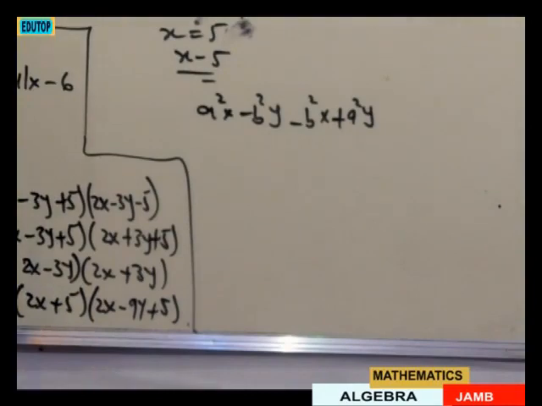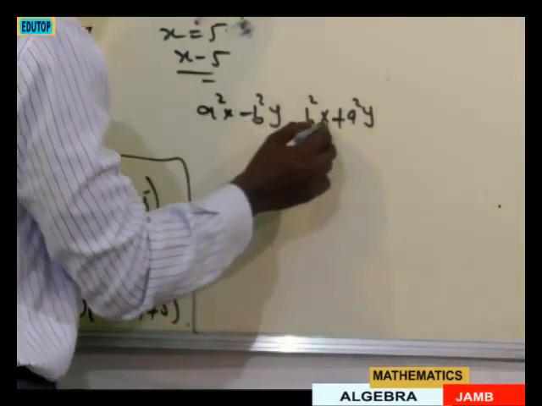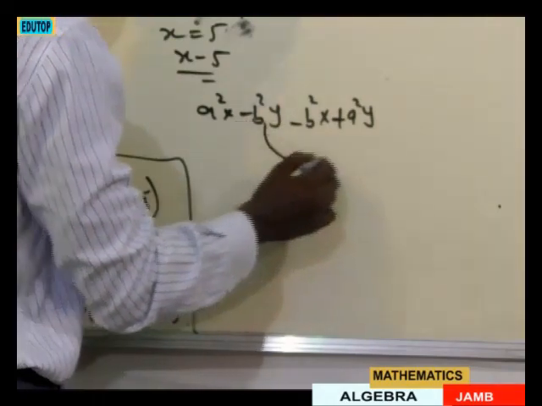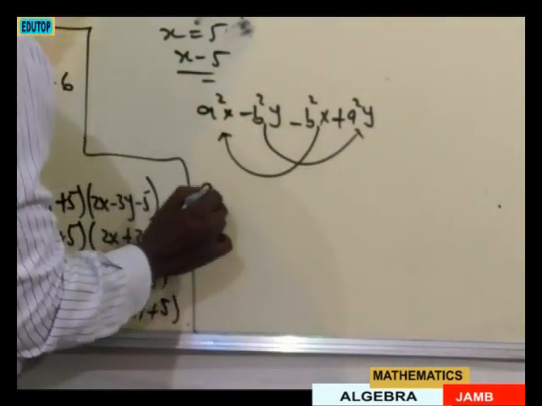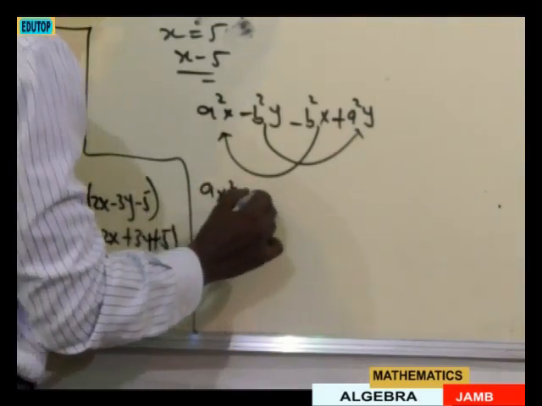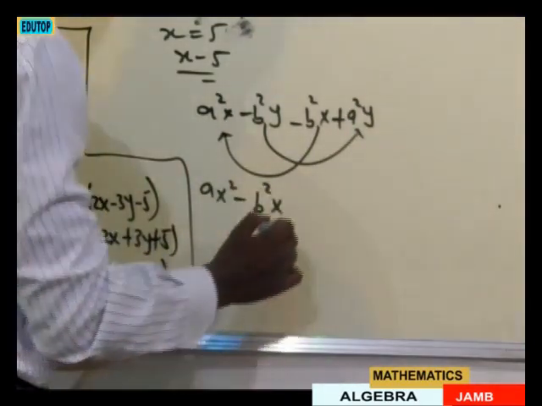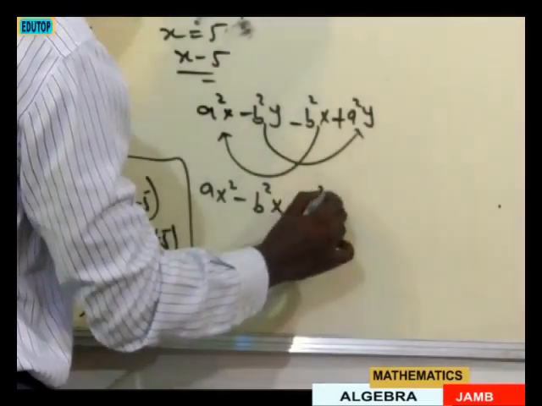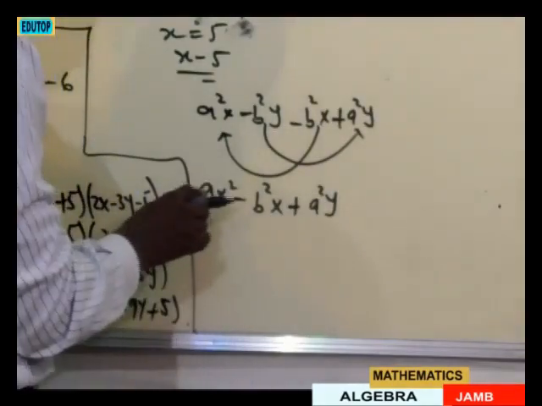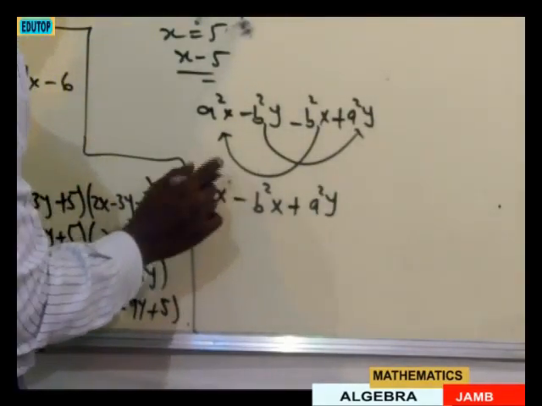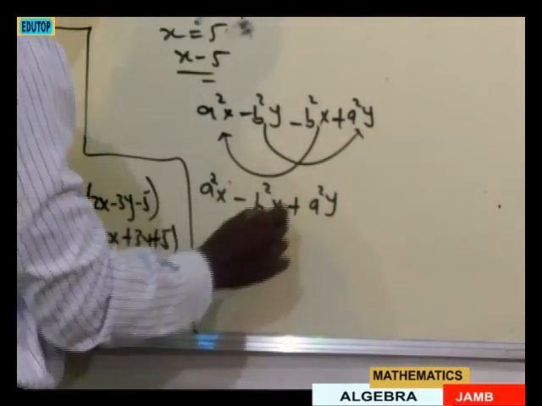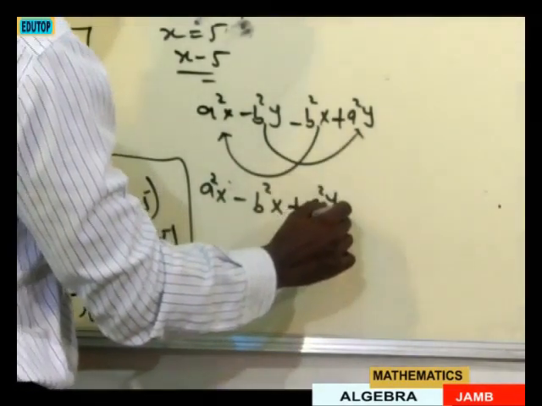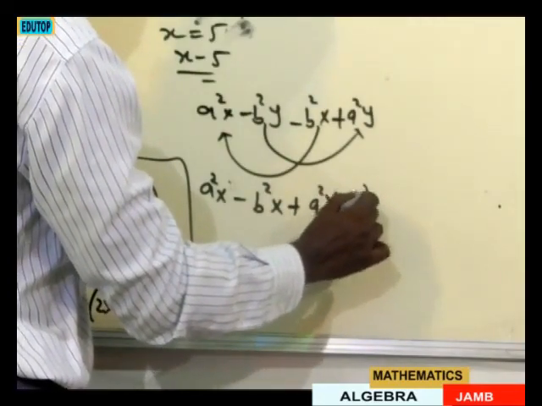So what we do here is to bring those that are similar together. Let's take this one to this region and bring this one to this region. Then I will have a square x minus b square x plus a square y minus b square y.